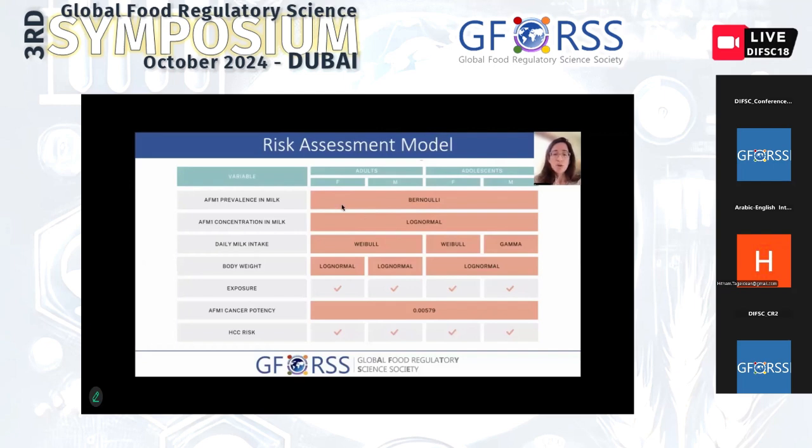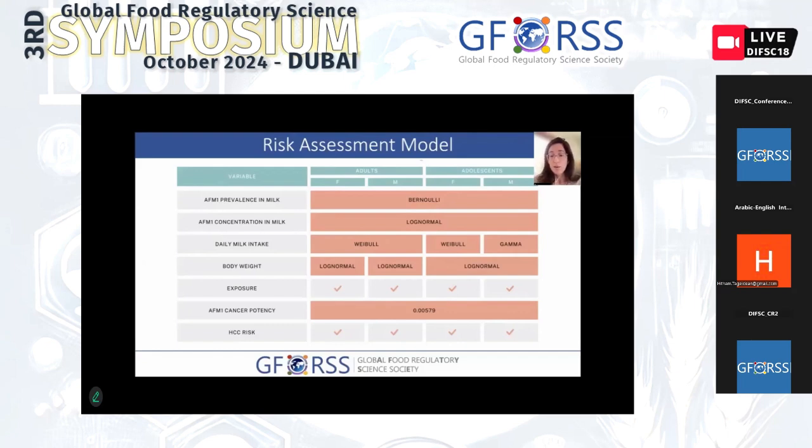You can see that there is no differentiation among groups in the top rows, for AFM1 prevalence in milk and AFM1 concentration in milk. The same function is used for all cases because, as we said before, milk is nationally distributed and can reach any individual in the simulation.